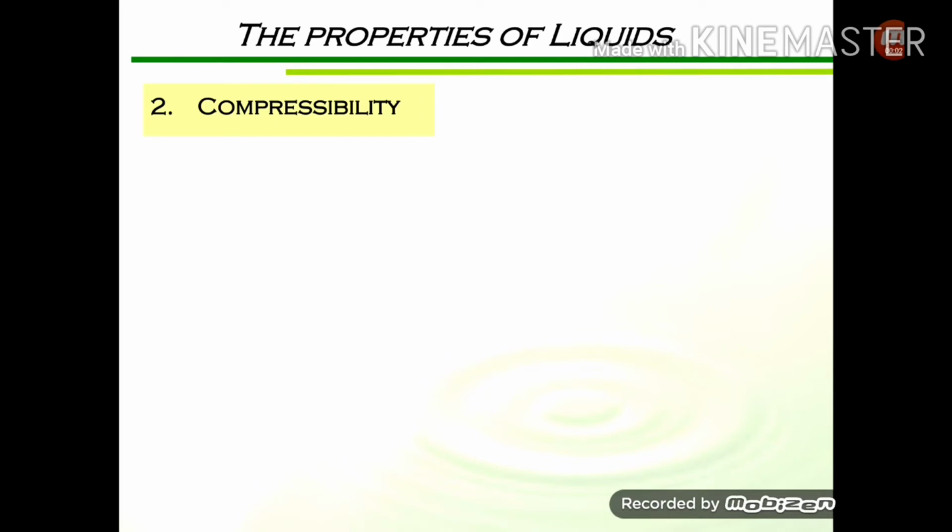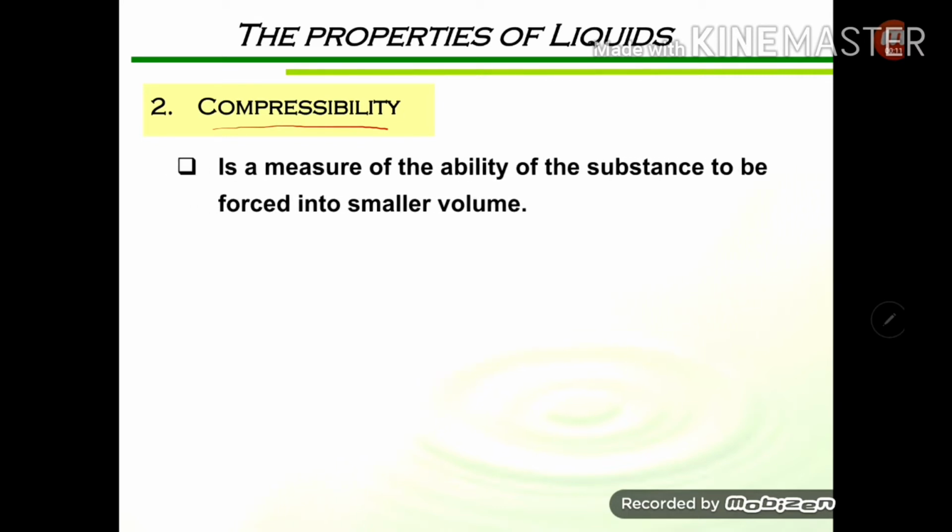Let's move to the second property of liquid, which is compressibility. What is meant by compressibility? Compressibility is a measure of the ability of a substance to be forced into a smaller volume.